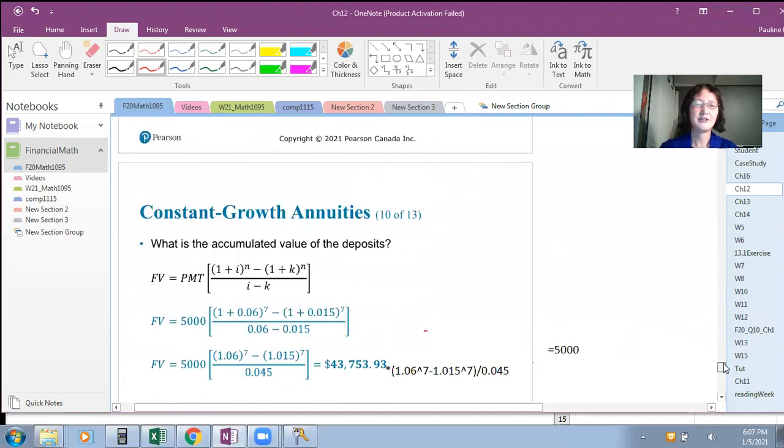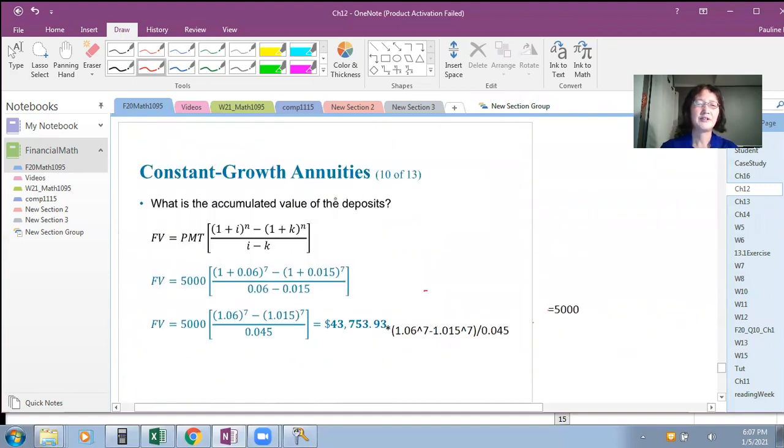And the next question, what is the accumulated value of the deposits? It means what is the future value? You plug in this formula, the future value. PMT equal to 5,000, I is interest 6%, N is 7. And this is the future value.